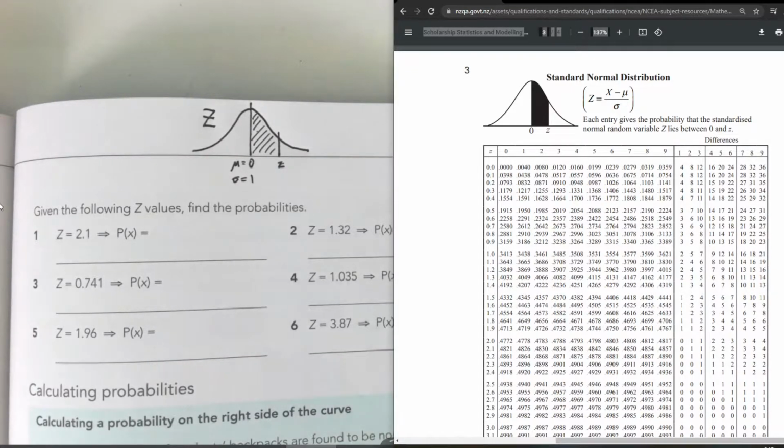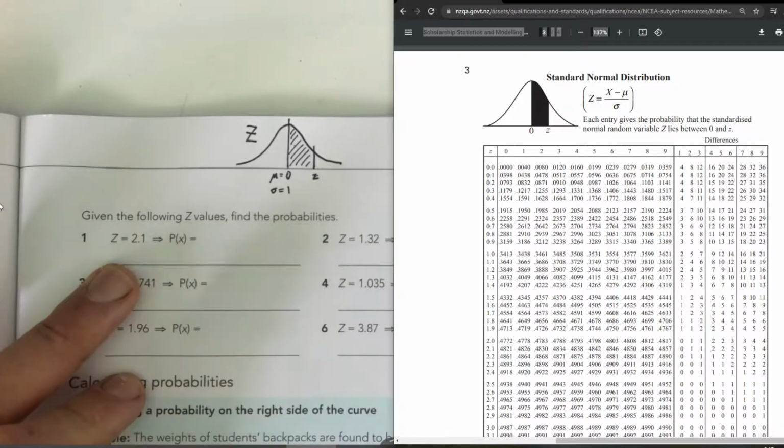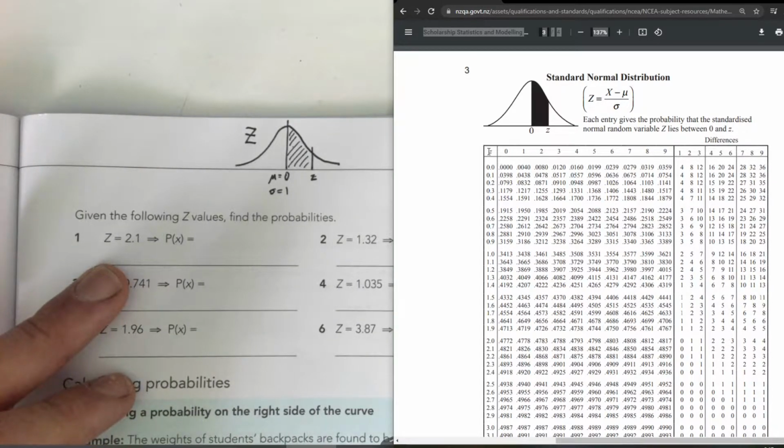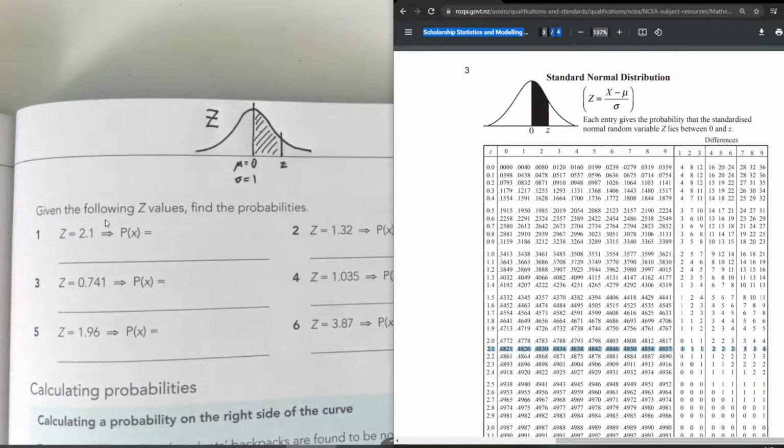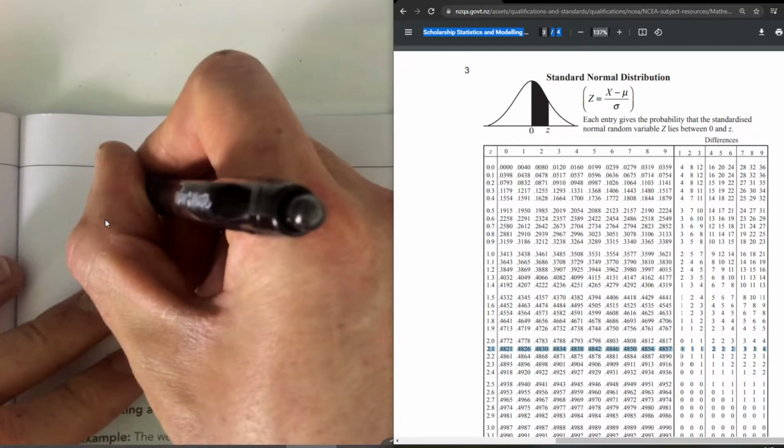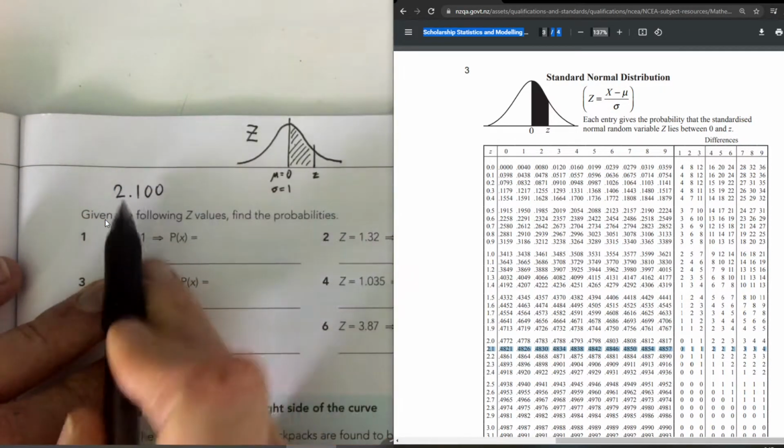So the first one is 2.1. Let's have a look over here. On this little z, we go down to 2.1. Here it is. I'm going to highlight this whole row, and this one's actually 2.10 because there's nothing after it. So we're looking at 2.100.